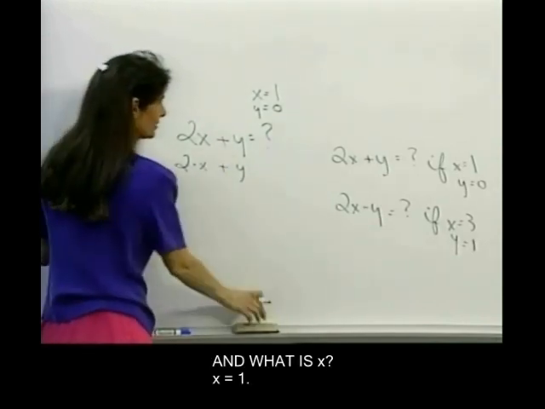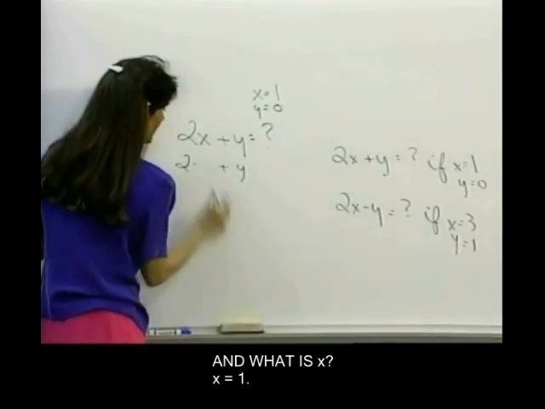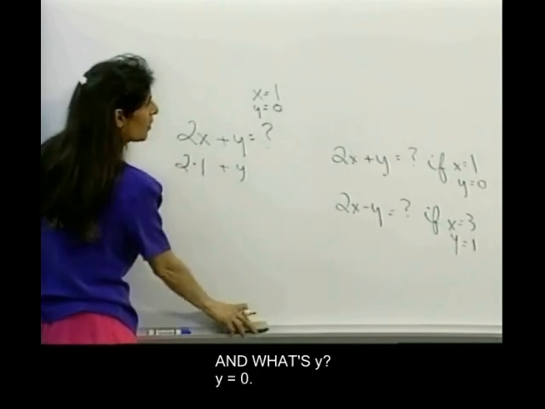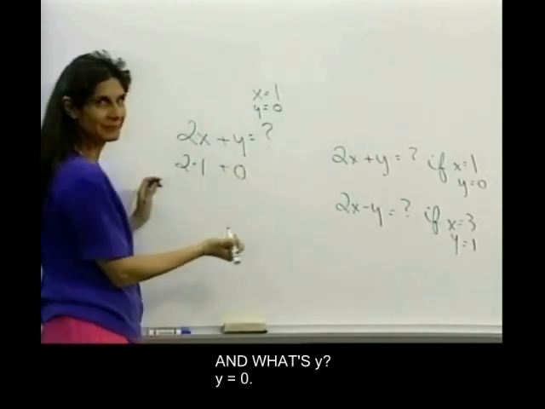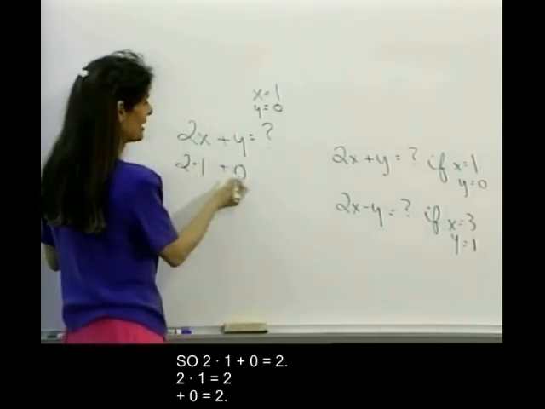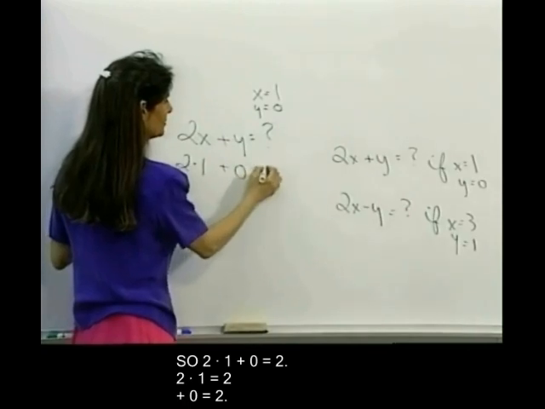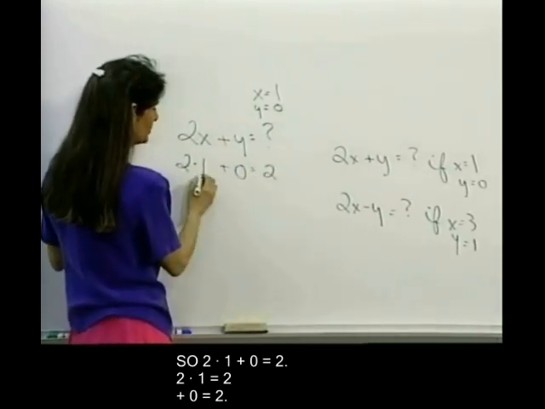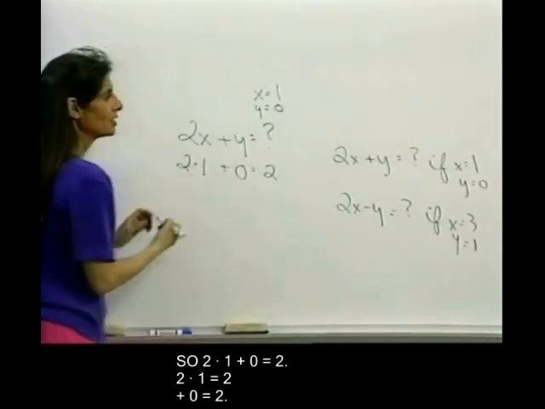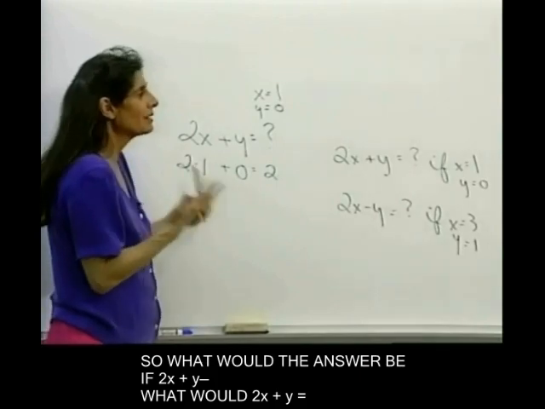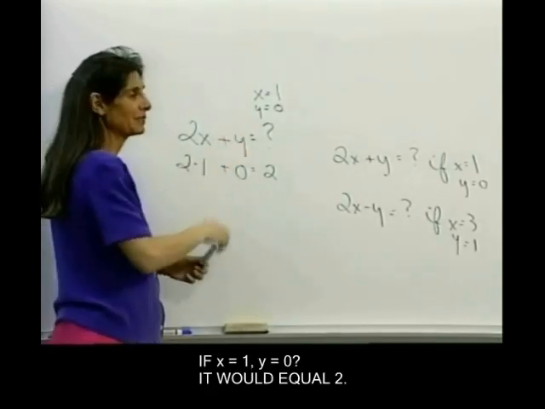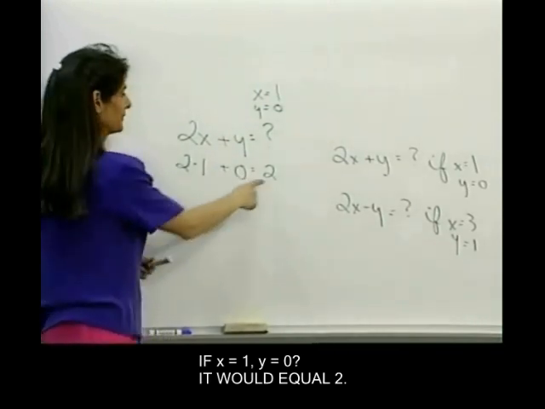And what is x? X is 1. And what's y? Y is 0. So 2 times 1 plus 0 equals 2. 2 times 1 is 2 plus 0 is 2. So what would 2x plus y equal if x equals 1, y equals 0? It would equal 2.